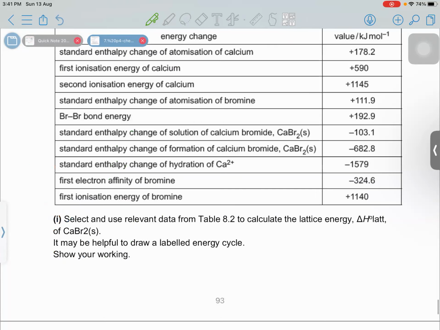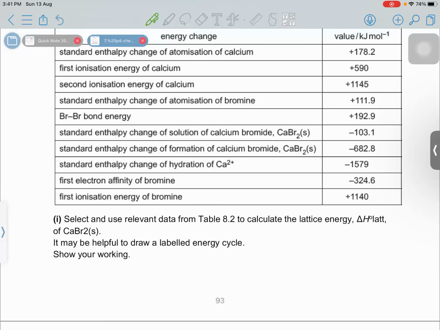Atomization of bromine, 2 times. Very good. Either it is given or not. If not given, you can use bond energy: bond energy divided by 2 and multiplied by the coefficient of bromine. So sir, it's 111.9. Is it given? Yes, sir, they gave it. Okay, atomization of bromine is given.